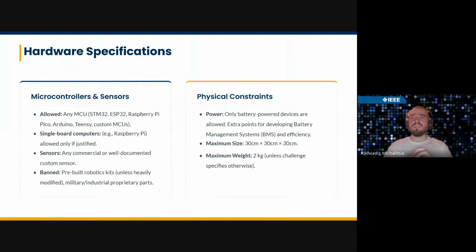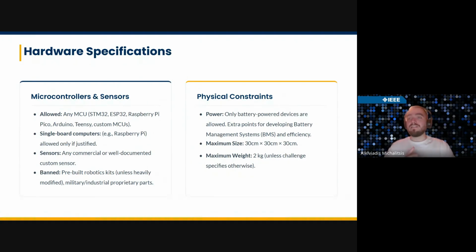And it's very important to say that every pre-built robotics kit is banned unless it is heavily modified by you, which means you should make a lot of changes so that we will accept this idea in the project. Also, military and industrial proprietary parts are banned with no discussion.